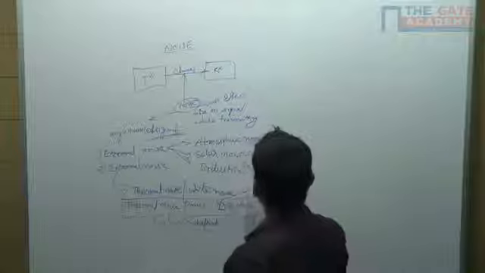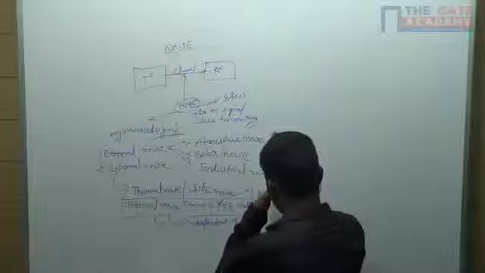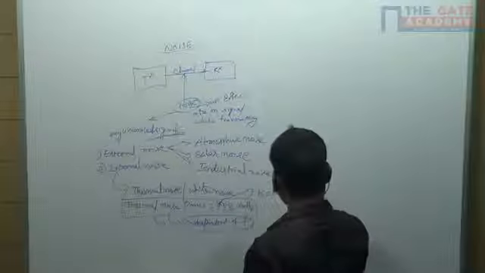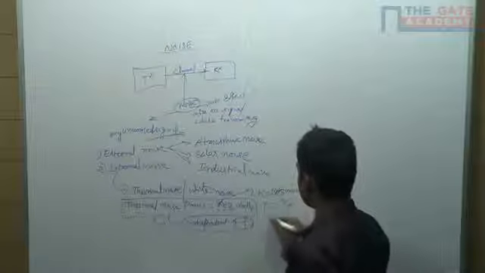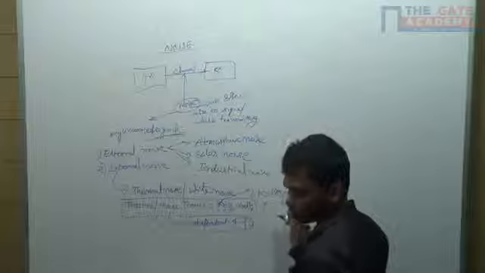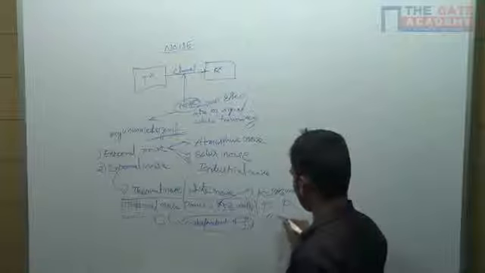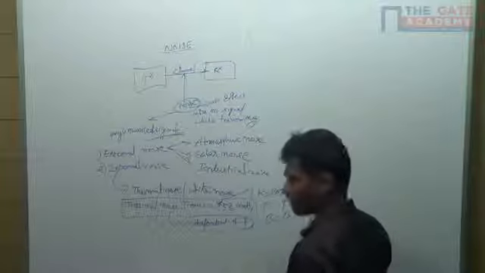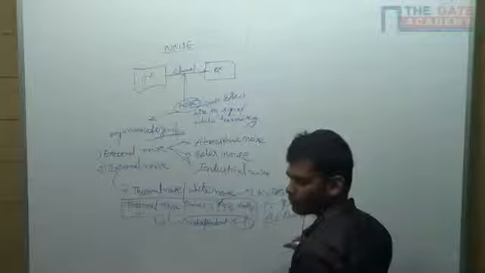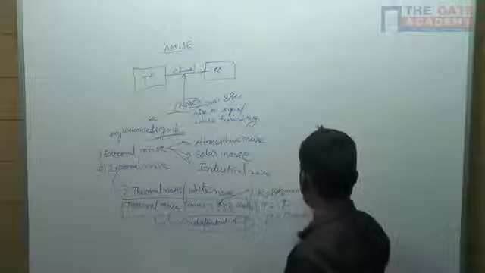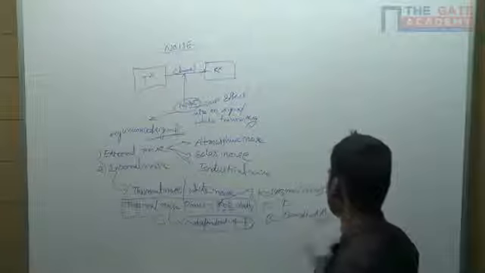Here K is the Boltzmann constant, T is the temperature in degrees Kelvin, and B is the bandwidth.